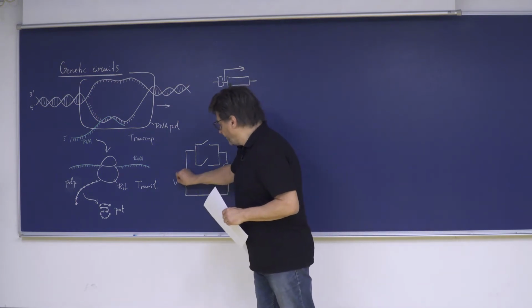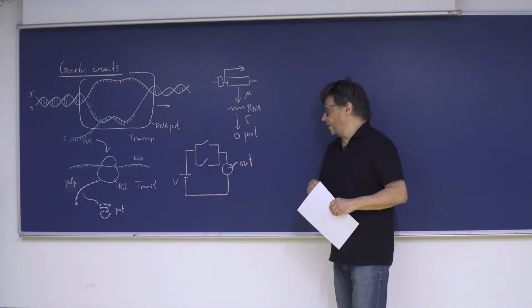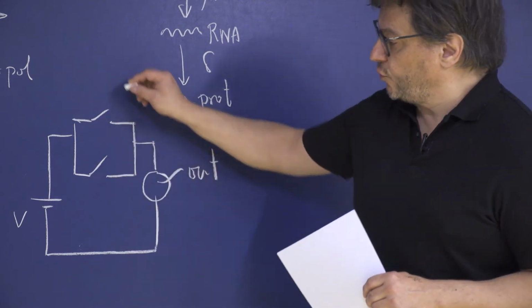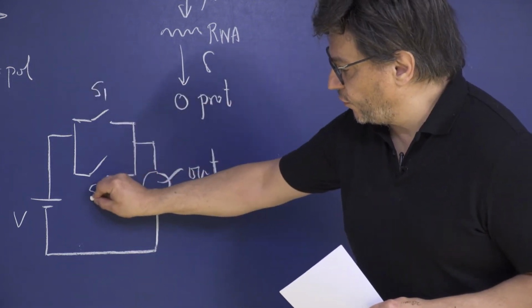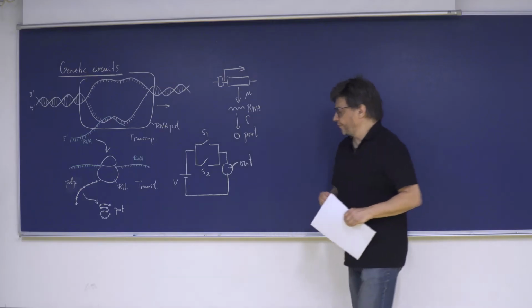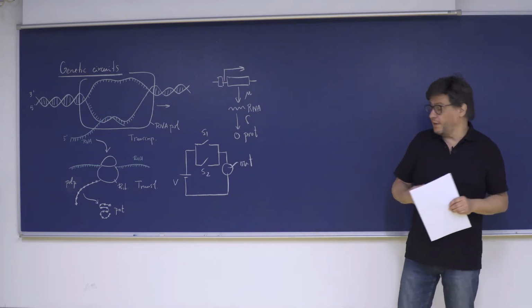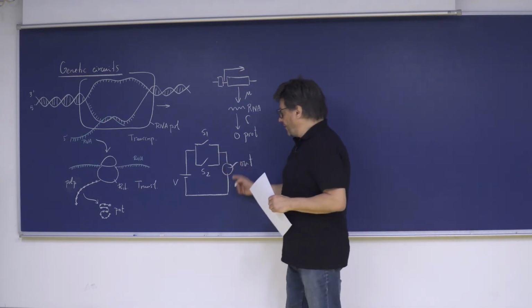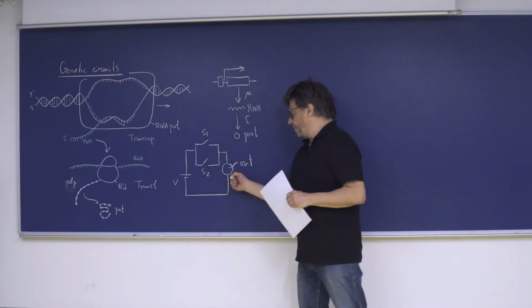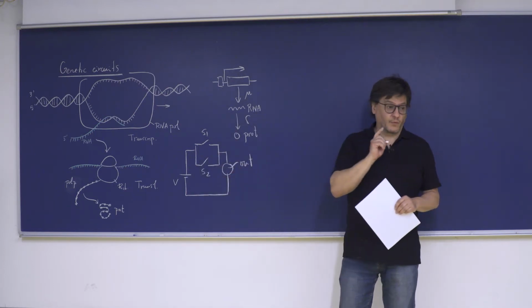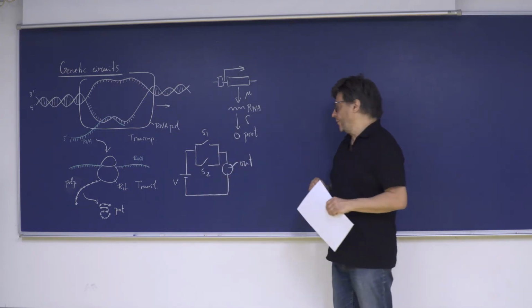I have a source that allows electricity to move, and then I have two switches. For this particular model, it's very clear that there's only one solution that allows electricity to move around and make the output be a 1. 1 for me is working, okay?